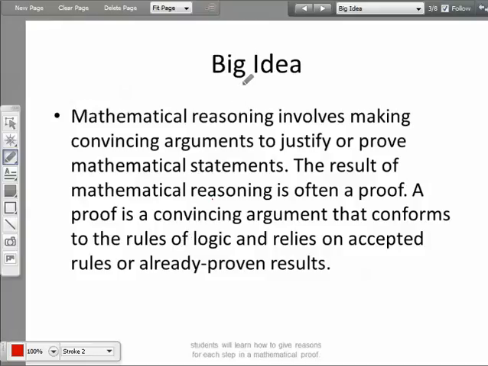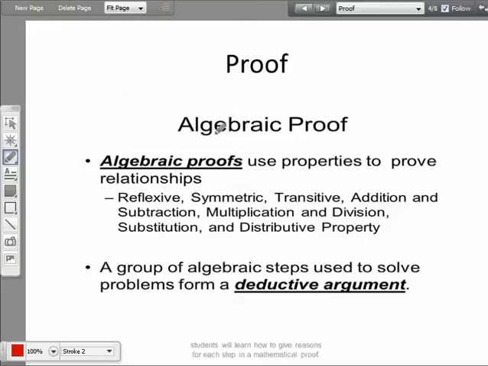So what we're going to do is create some arguments that will help us do this. Now, you will have heard this your entire career with math. You're going to look at this and go, I've heard this before, okay? And the whole idea here is that proofs use these properties to prove relationships.